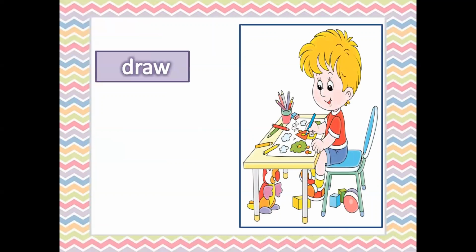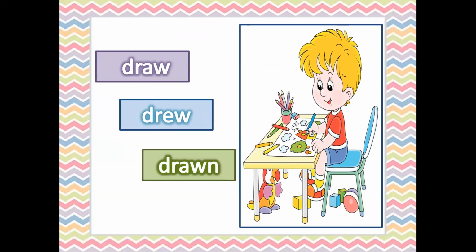Draw, drew, and drawn, right, students? Here, all three forms are different, right? The simple present, then the simple past, and past participle, right, students? I hope that the concept of regular and irregular verbs is clear to you all.